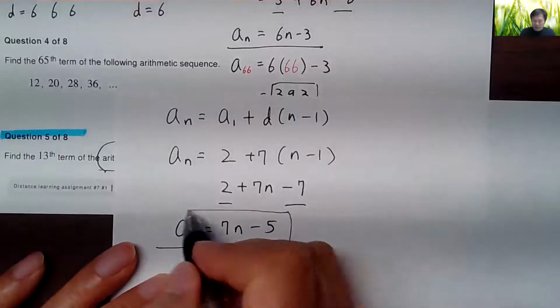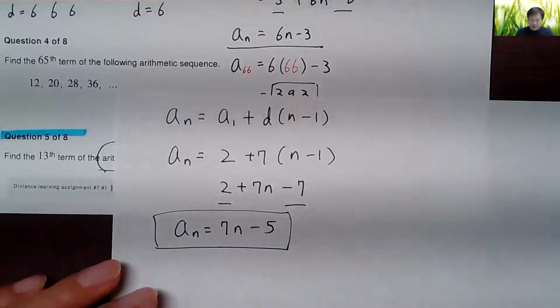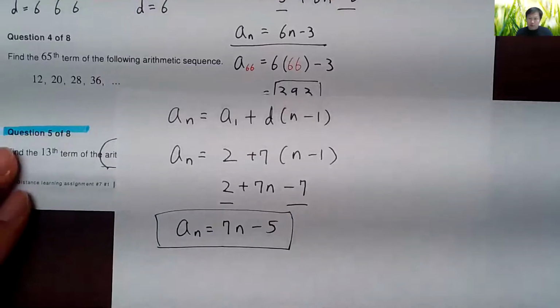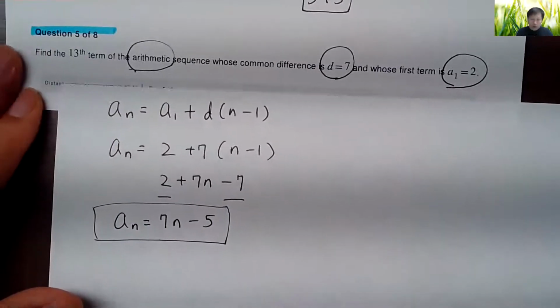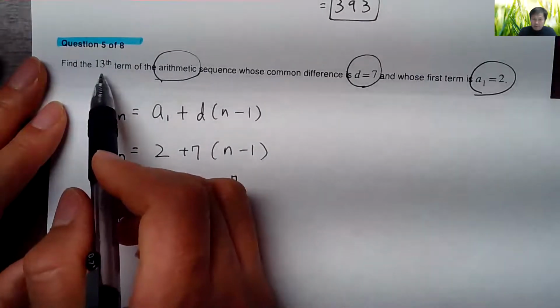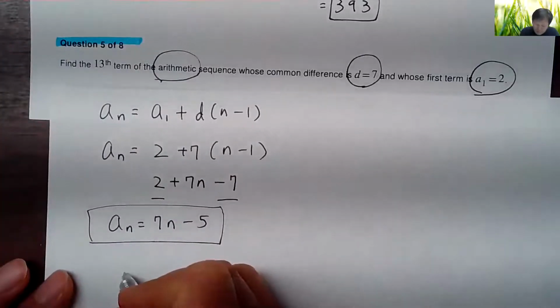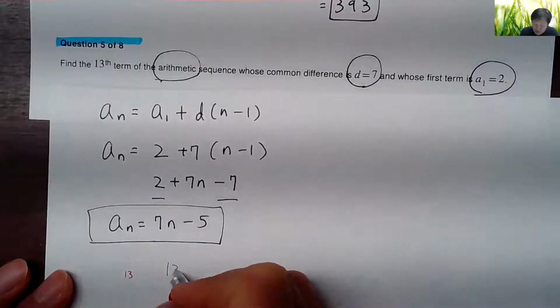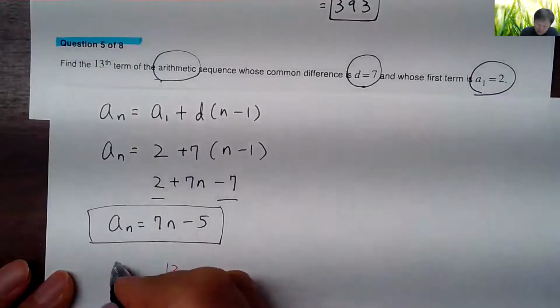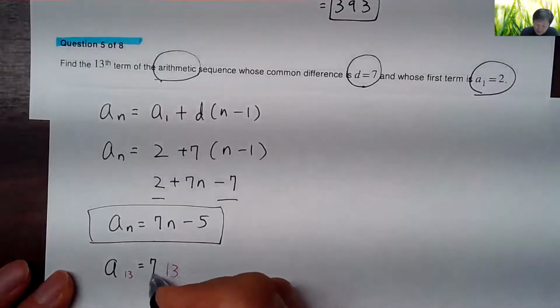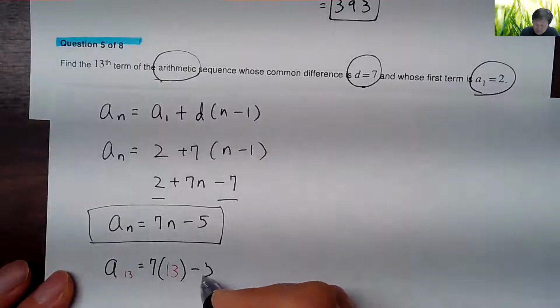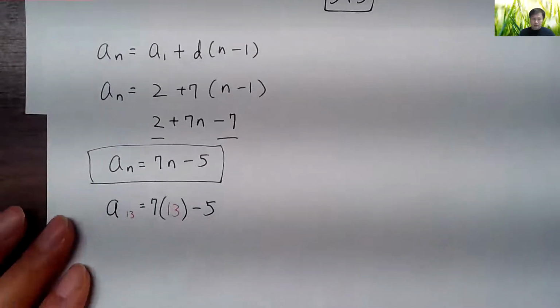Again, if they are asking for the rule of nth term, this is the rule. We want 13th term, meaning value of n becomes 13. So we are looking for a sub 13, so 7 times 13.